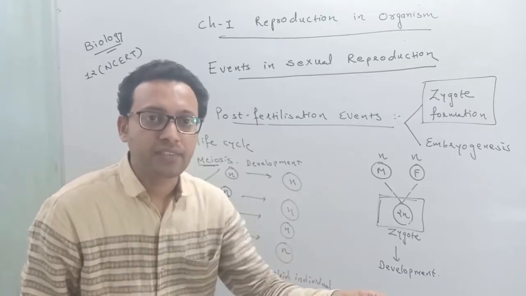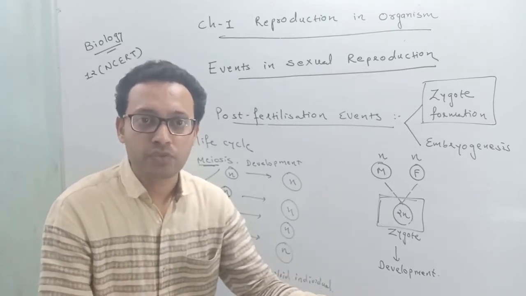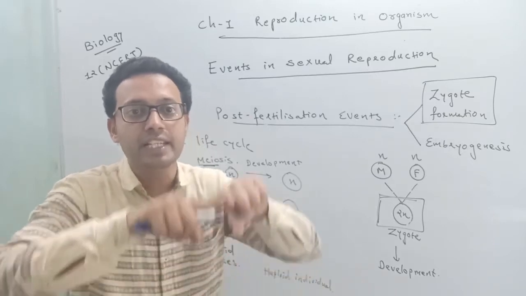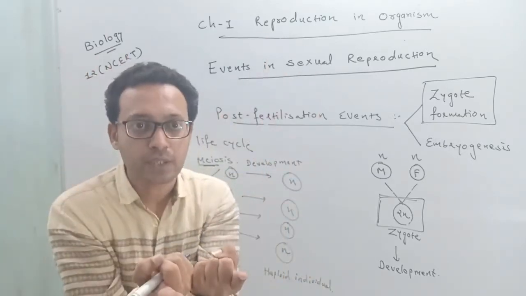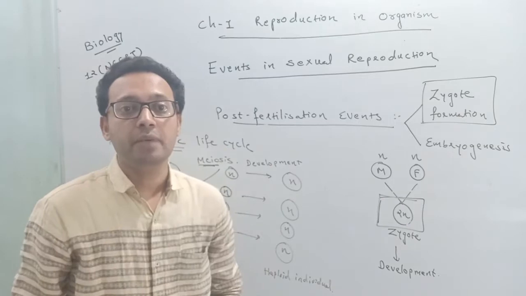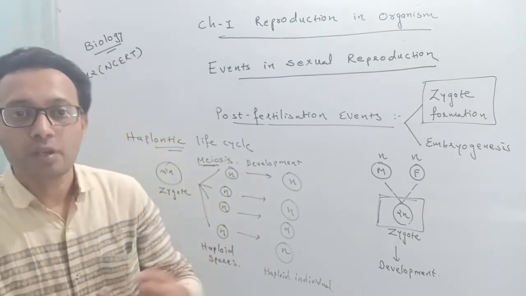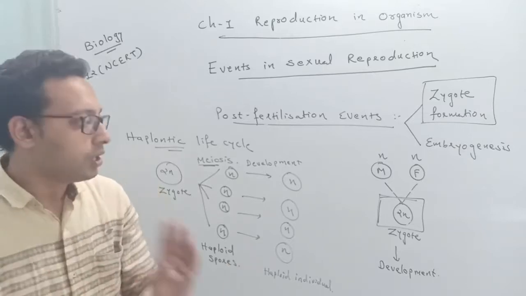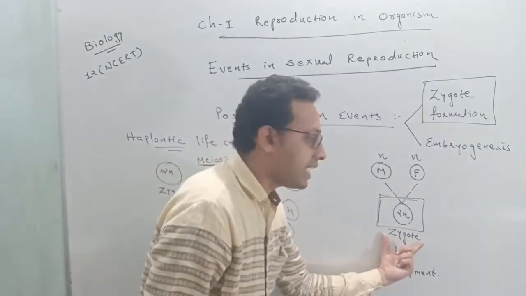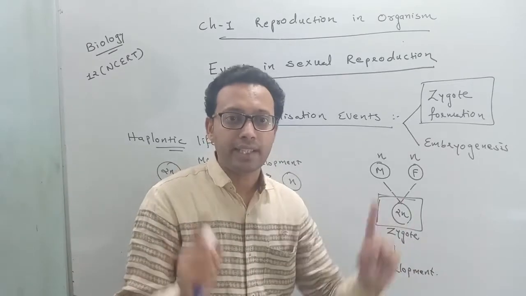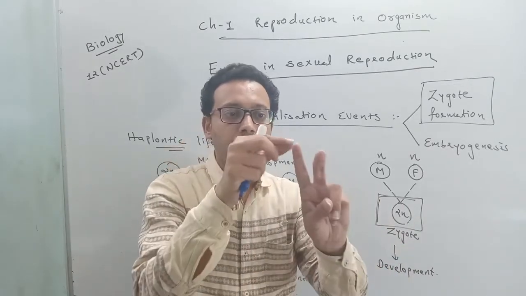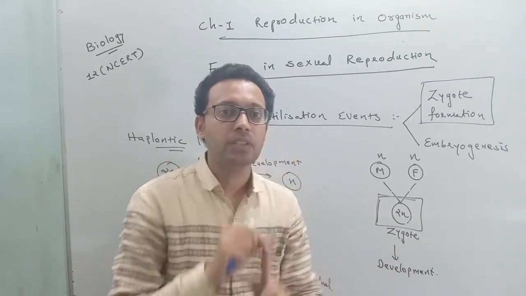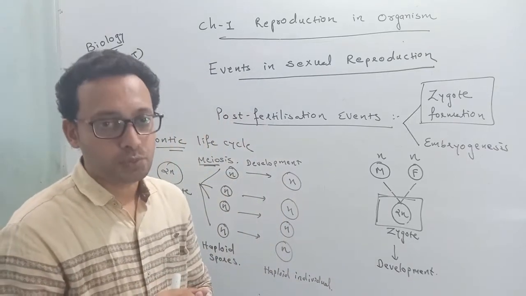Second, the environment to which they are exposed. In algae and fungi, this leads to the formation of a thick wall which protects them against desiccation and environmental factors. Then they undergo rest and germinate. So the formation of a zygote occurs, then development occurs, and that depends on the life cycle of the organism and the environment to which it is exposed.